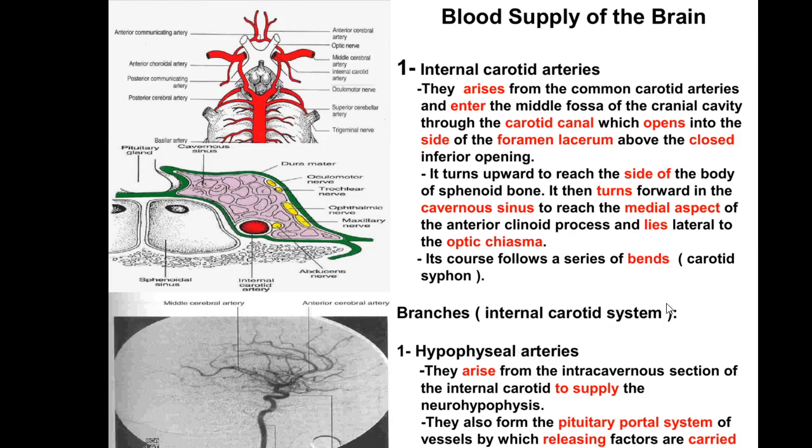The branches of the internal carotid artery include the hypophyseal arteries. They arise from the intercavernous section of the internal carotid to supply the neurohypophysis. They also form the pituitary portal system of vessels by which releasing factors are carried from the hypothalamus to the adenohypophysis.